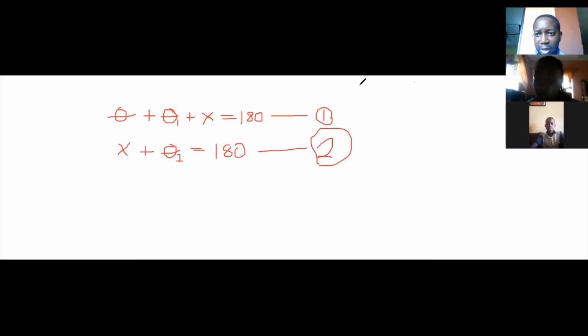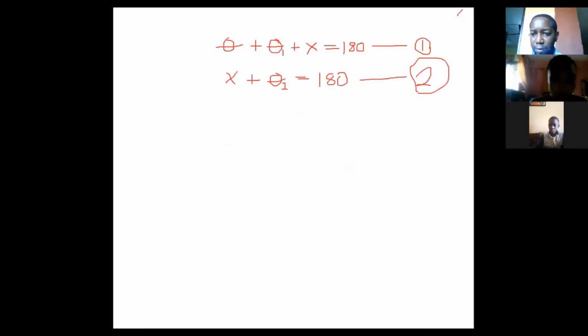I want to put it side by side. Excel, can you see both the PowerPoint and the whiteboard? Godwin, can you see the PowerPoint and the whiteboard side by side? Yes, sir. Good.